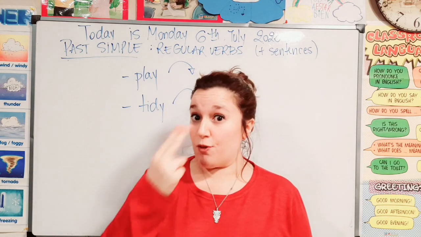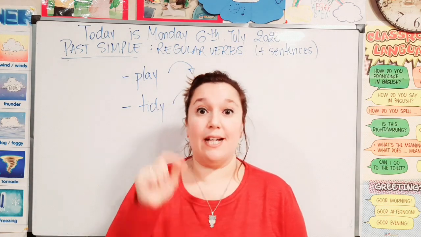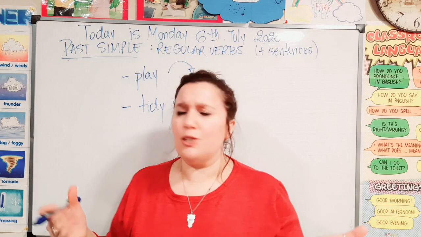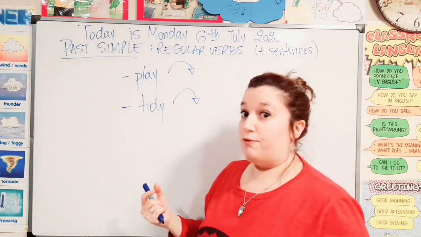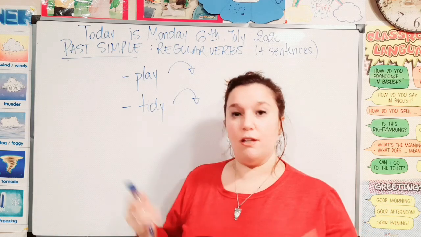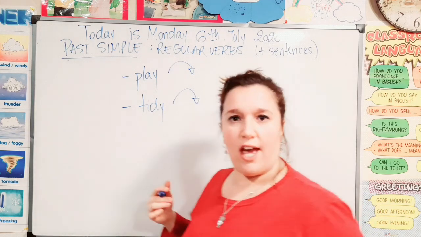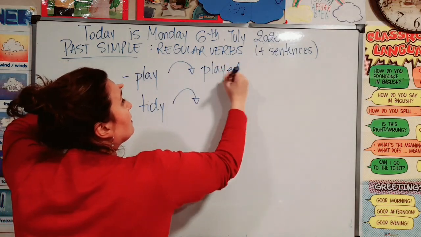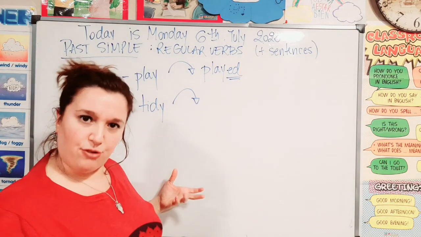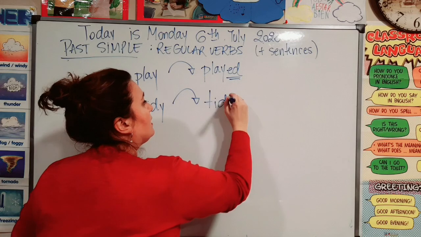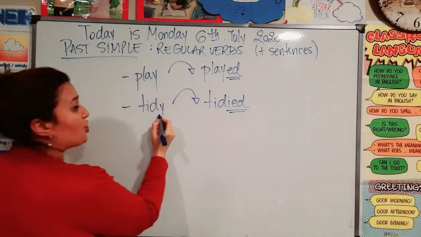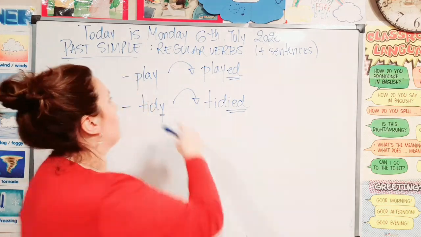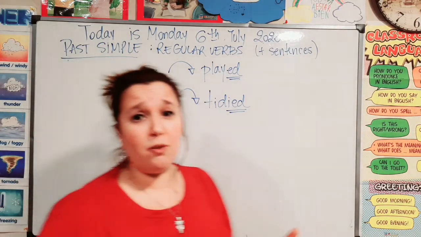Now, you might ask why, teacher, because play finishes in Y, tidy finishes in Y, and you said that the past of play is played and the past of tidy is different. It is tidied, because we change the Y.